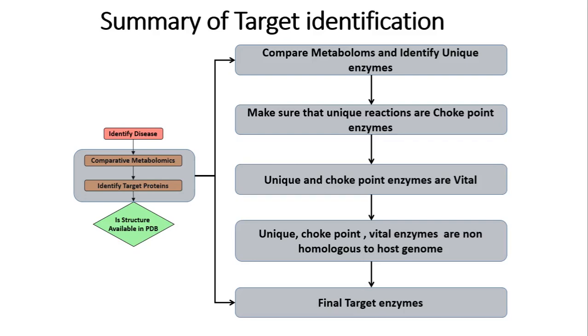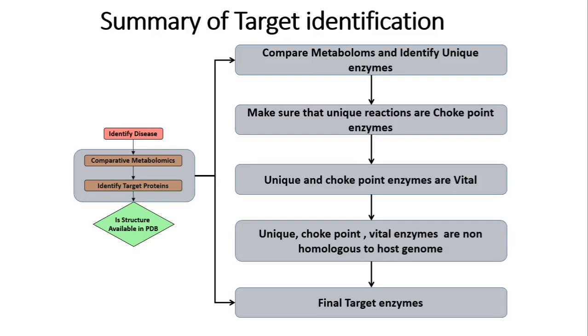So in this way, in each step you go on reducing the number of enzymes, and hence we call such a strategy the subtractive genomic strategy. At each and every stage you go on reducing the number of enzymes.